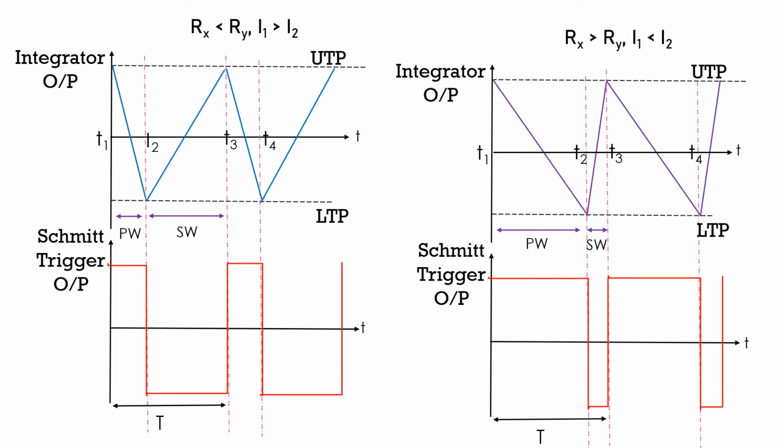When Rx is less than Ry, I1 is greater than I2, where I1 is the charging current and I2 is the discharging current. Here PW is the pulse width and SW is the space width. The total time period T is constant, but the pulse width, that is, the on time of the Schmitt trigger output, has been varied, so that we get a variable duty cycle by using the same circuit with some modifications.